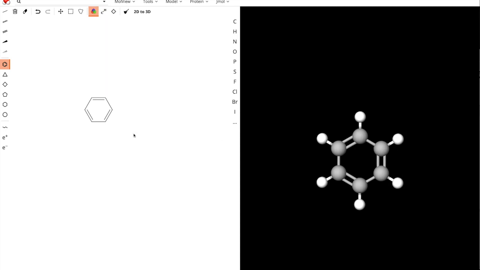The 4th is an implied hydrogen. Now, these features right here, the trash means to trash your structure. The erase means that I'm going to erase a bond, maybe. Let me do this. Okay, so let me go ahead and fix that.